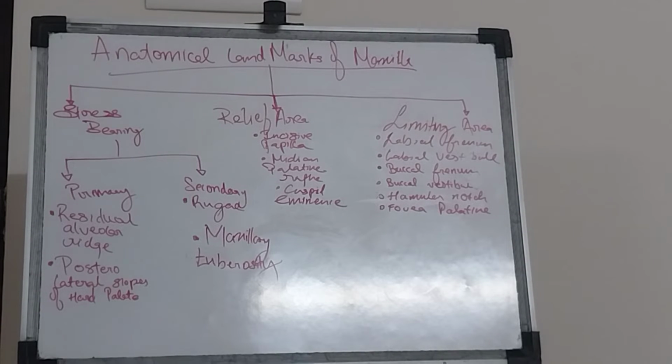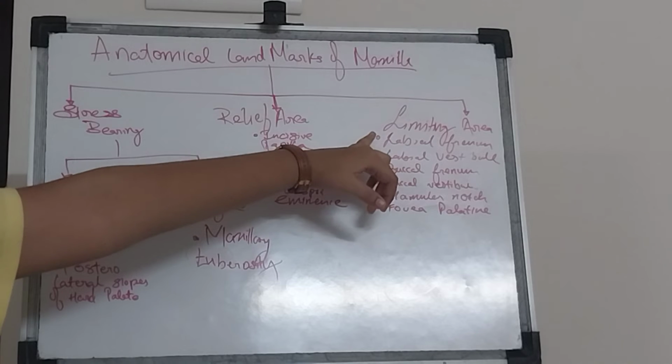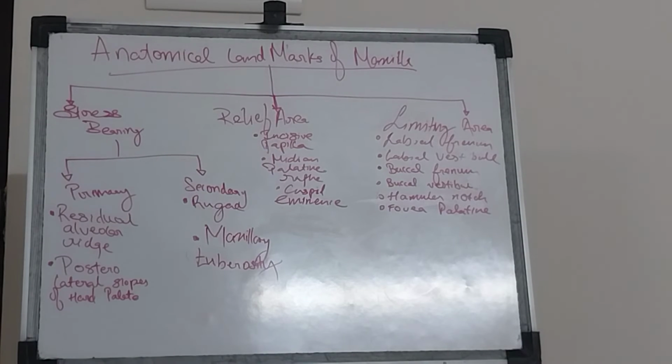As I said before, when you take the impression, a notch is created. The labial frenum will create a labial notch in the impression, and the labial vestibule will create a labial flange, which is an elevated area. The buccal frenum will create a buccal notch, and the buccal vestibule will create a buccal flange.